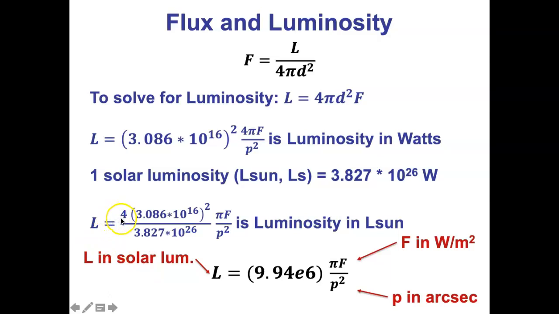We got 4, the same 4 we had here, times this big number, the number of meters in a parsec squared, divided by the number of watts in a solar luminosity. All of these numbers are just constants. These are not variables. So let's just do the math. Let's take this times that squared divided by this. All of this simplifies to equal 9.94 times 10 to the 6.